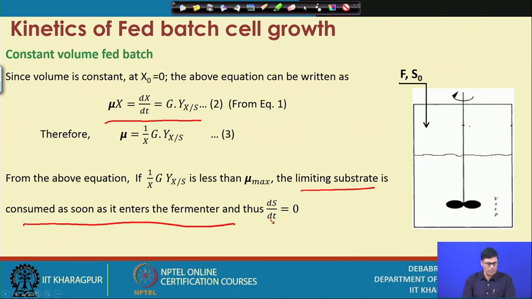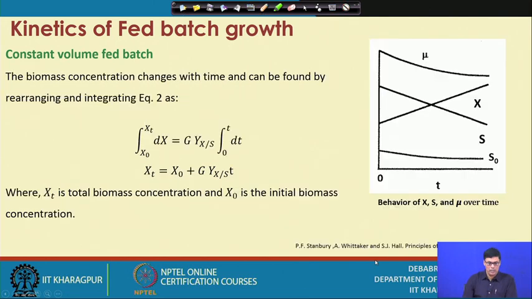So, this is the assumption we can write, that when this is less than the mu max value, the limiting substrate, which controls the growth of the cell, is consumed as soon as it enters the fermenter, and dS/dt will be equal to 0. Now, finally, we have this equation.